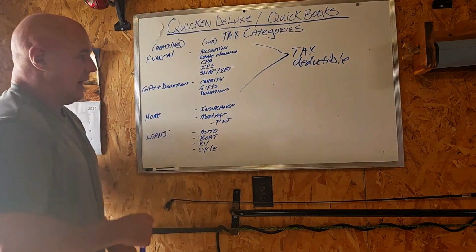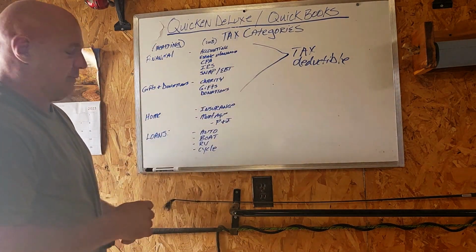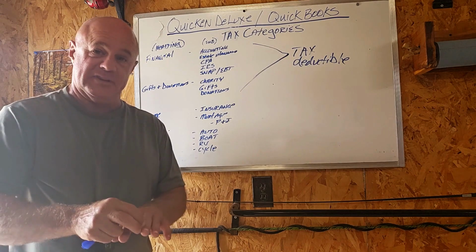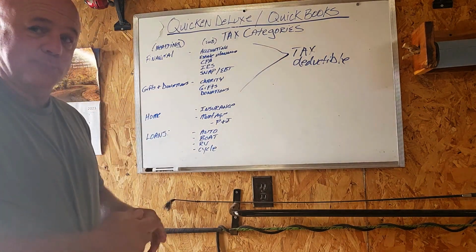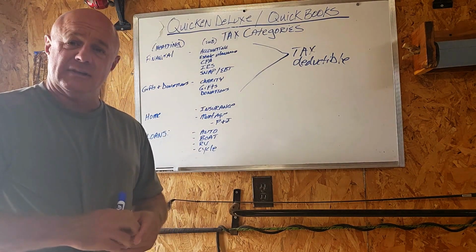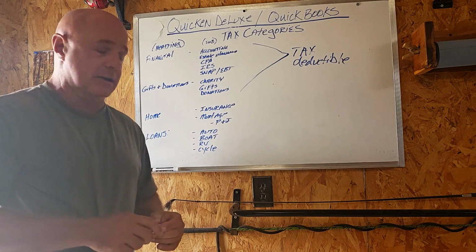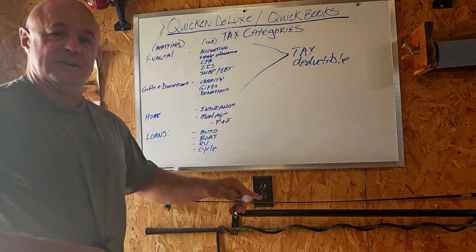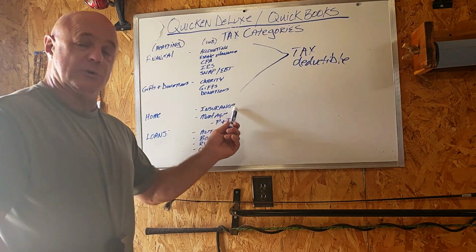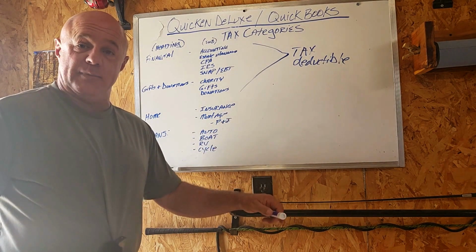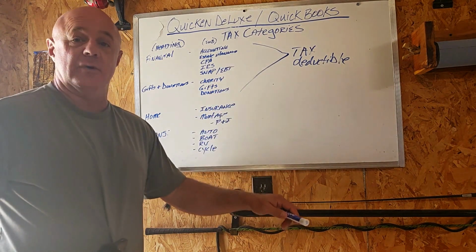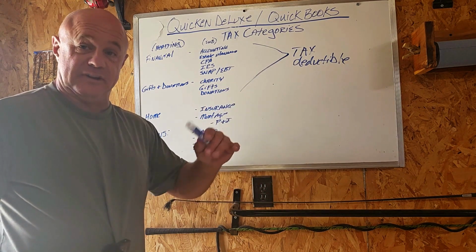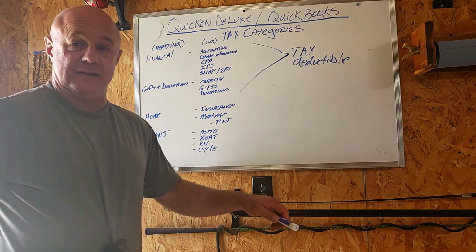Now your home, and I did put tax deductible down there because we talked about some of this before, that there's a certain percentage on your home that can come out as tax deductible. But insurances, this is where your remaining insurance will go. Quicken has a great way of splitting categories, splitting money, so you can track it.